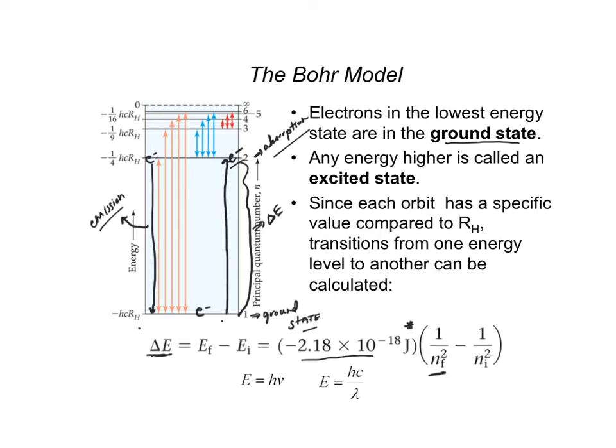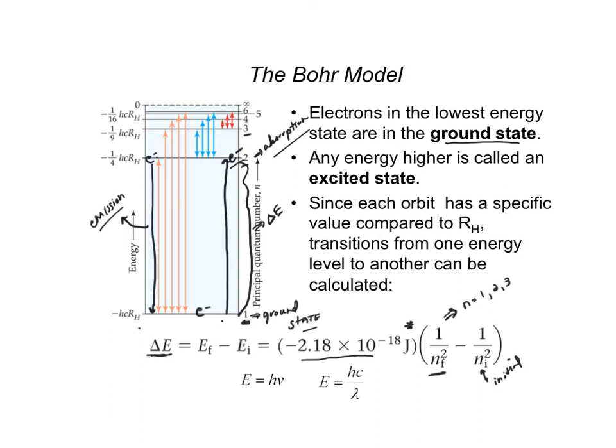So this means the energy value for the final state of the electron, right? So this would be some sort of energy value 1, 2, 3, depending on where we were. So n equals 1 is the ground state, and as we keep raising up, this is what n is referring to, and then minus 1 over ni squared. So this would be the initial state. Okay, so again, final state minus initial state, and it's just the square of those two.